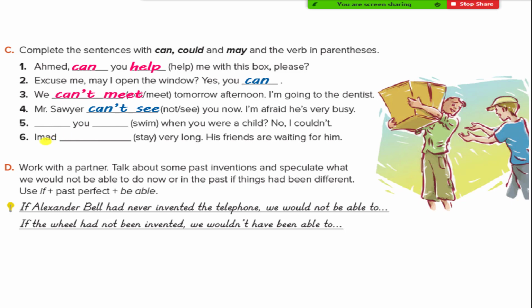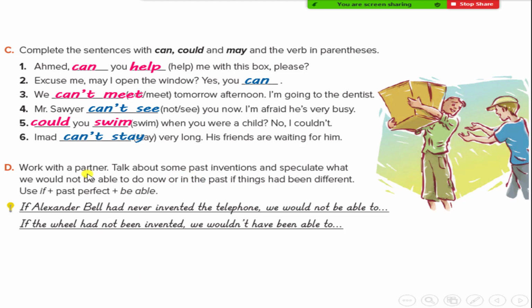Number 5. Could you swim when you were a child? No, I couldn't. And the last one. Ahmad can't stay very long. His friends are waiting for him.